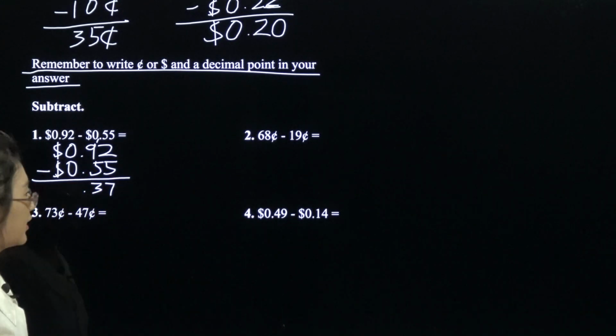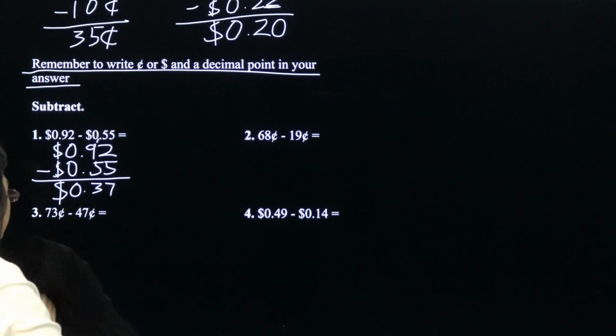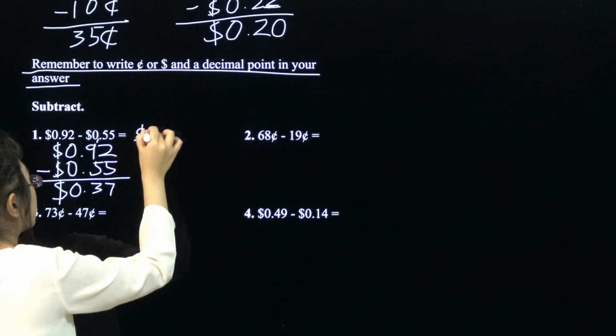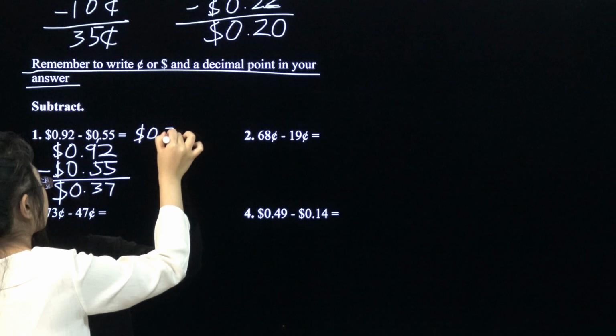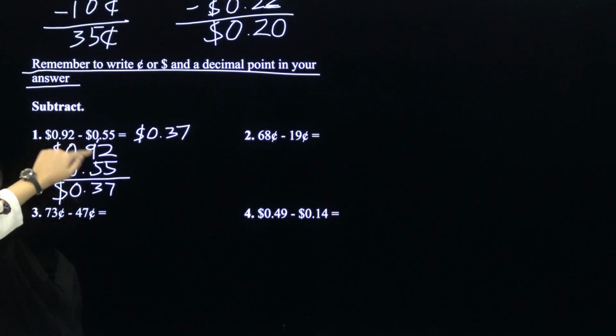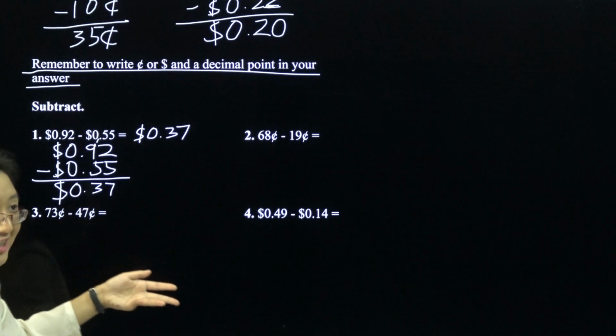You drag down the decimal point, 0 minus 0, 0, and you don't forget the dollar sign. So this is why most of the time when you regroup, you don't cross things out, because we don't really have the space to do much.